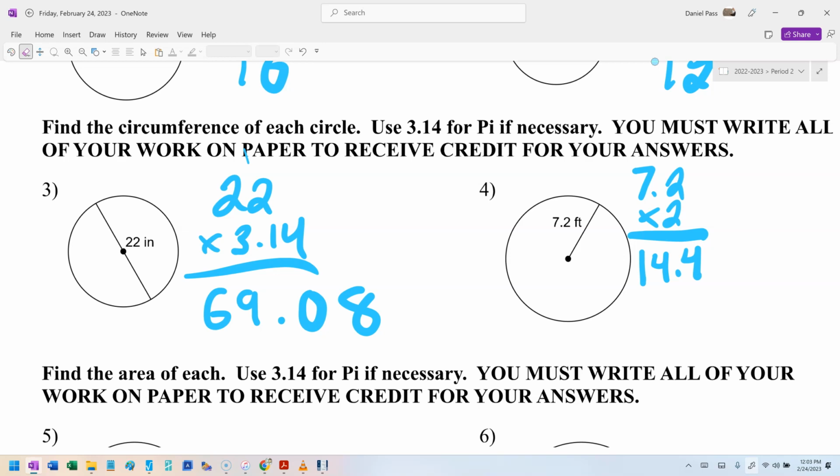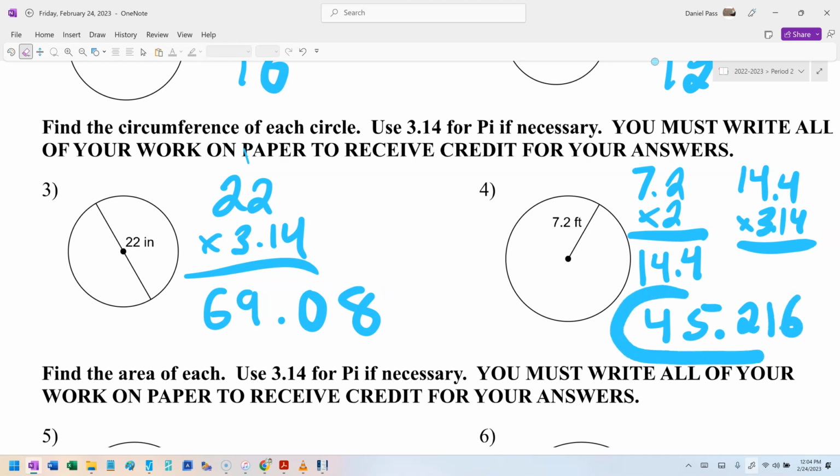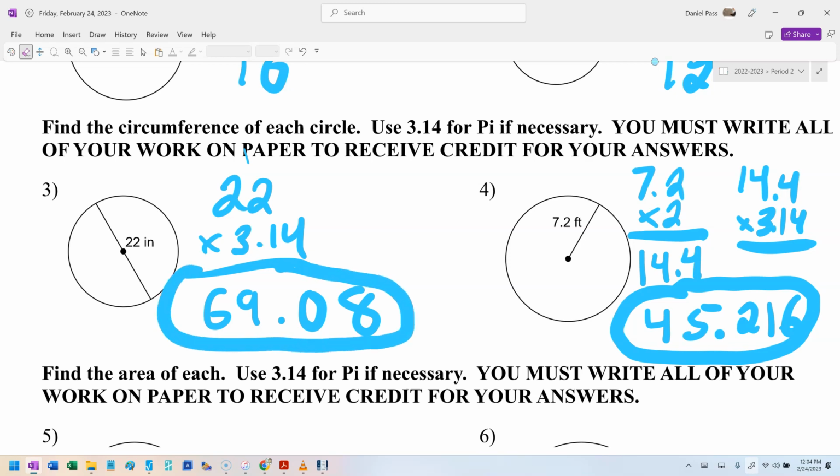Now that we have the diameter, 3.14 times 14.4. And on the calculator, what is it again? 45.216. That's your answer. Okay, any questions? So that's a 2-step one. It's a little tricky. All right, let's hear it for M&M.